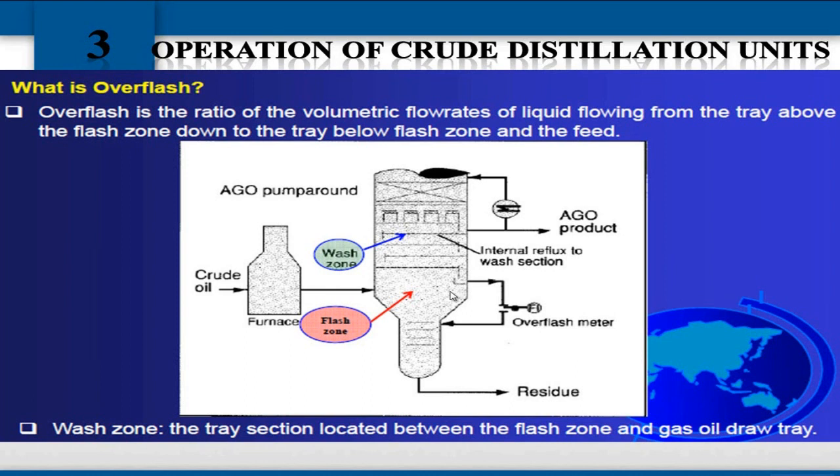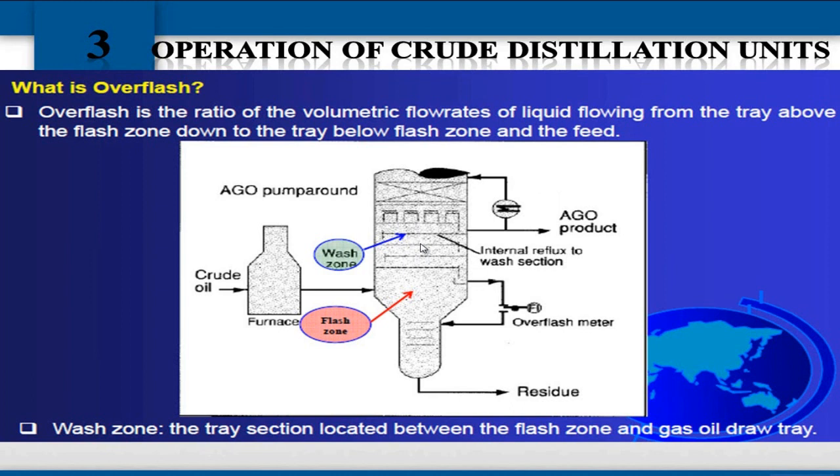At the flash zone, the feed which is vaporized will rise to the wash zone. This is to prevent dry up at these trays.